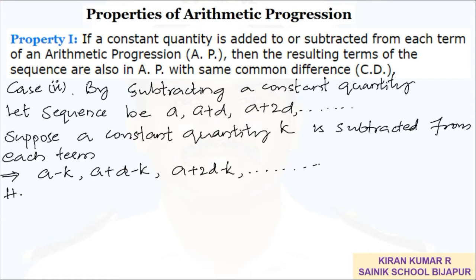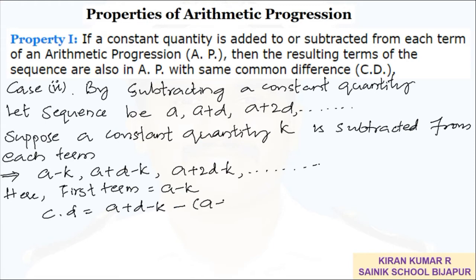Here, first term is a minus k. Common difference is second term minus the first term. We get a plus d minus k minus a plus k.